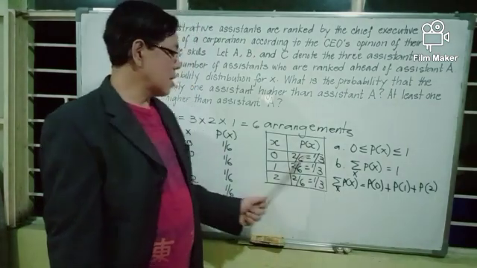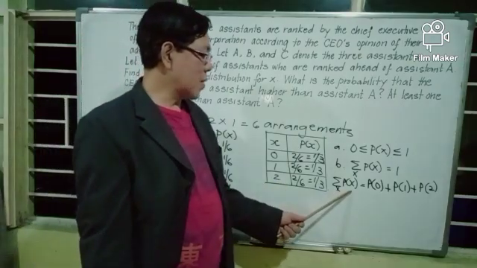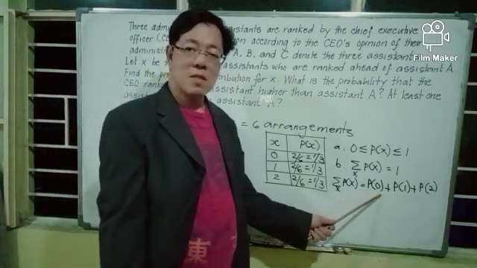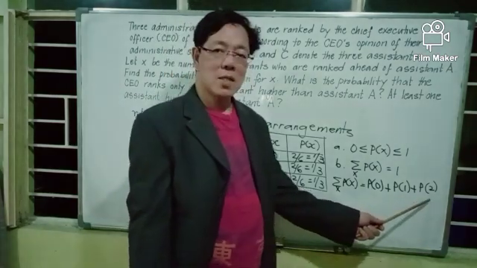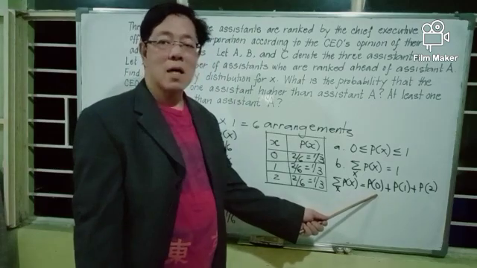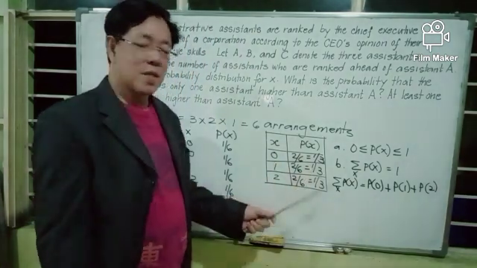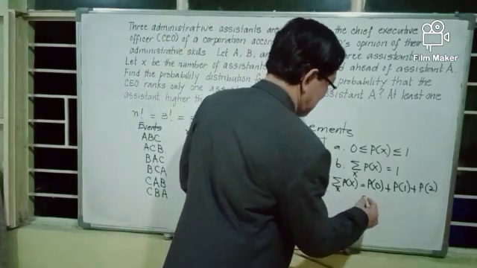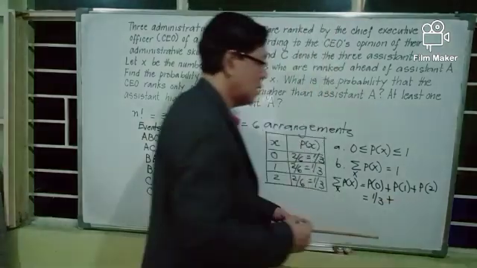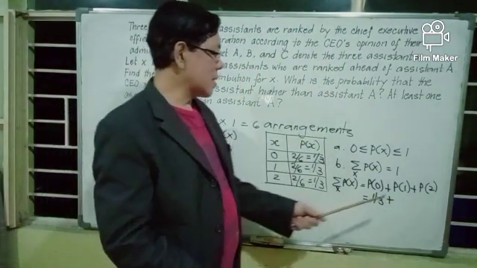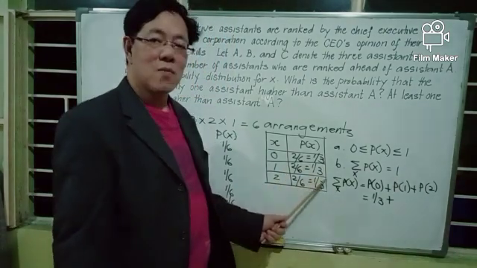The values of x is from 0 to 2. Hence, the summation of the probabilities equals probability x is 0 plus probability x is 1 plus probability x is 2. And the probability that the value of the discrete random variable x is 0 is 1 over 3, plus the probability that the value of the discrete random variable x is 1 is 1 over 3.